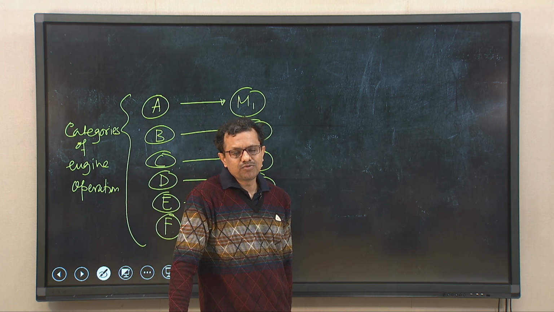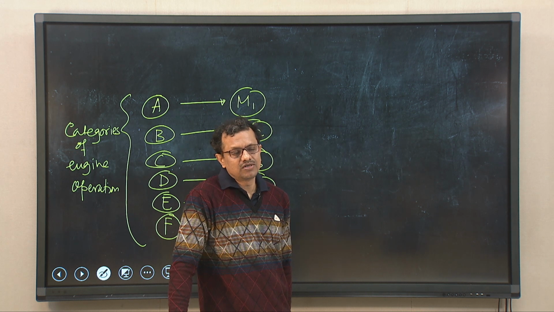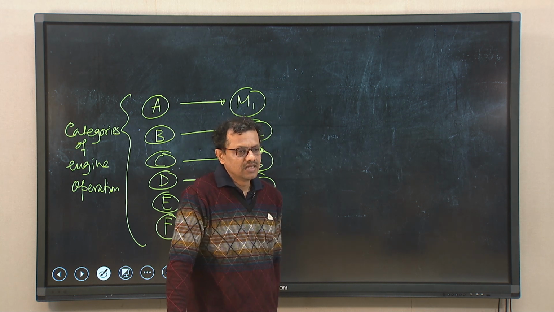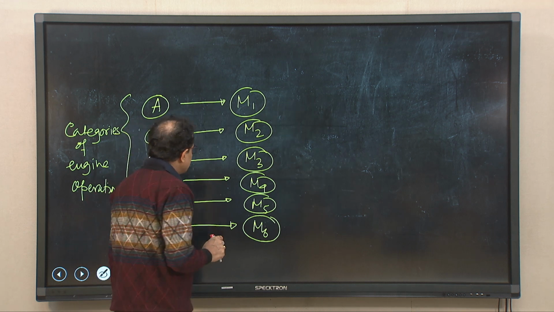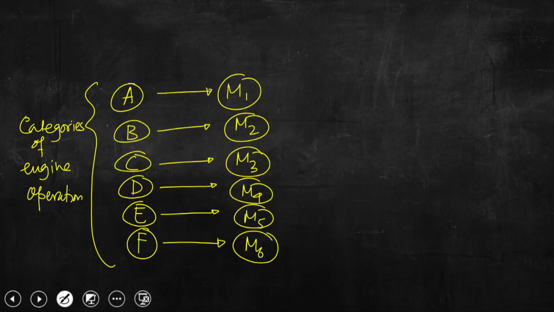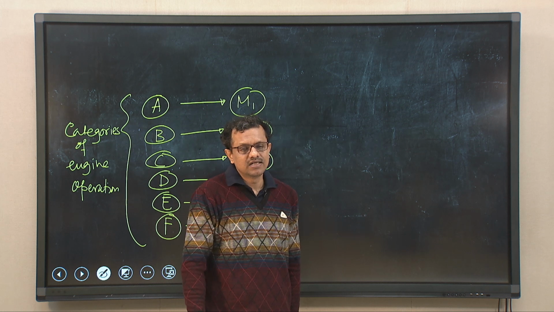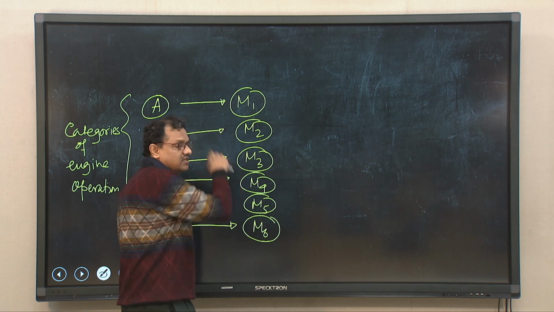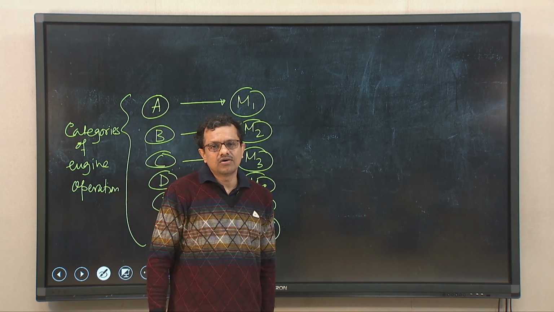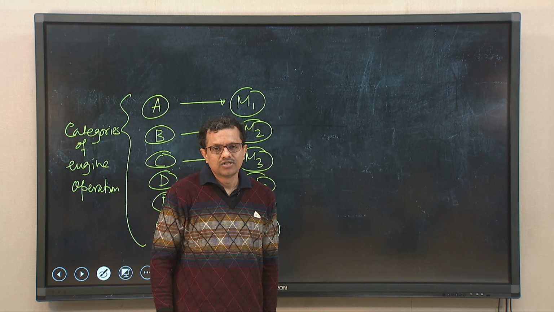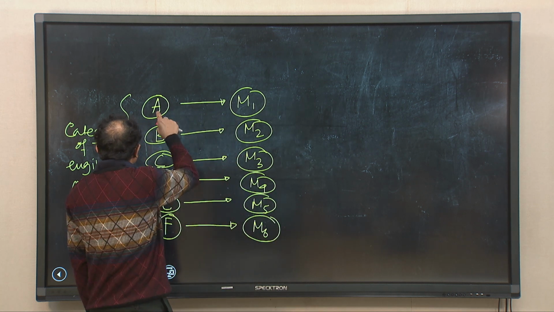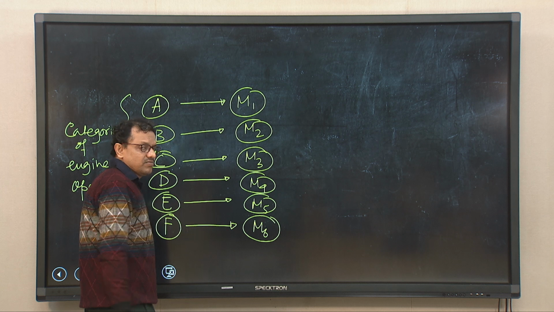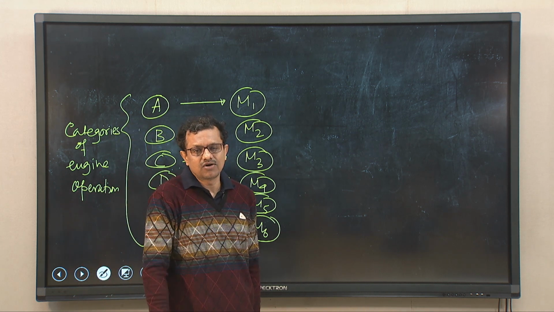Try to understand, since there are a number of distinct categories of engine operation, each of them corresponds to a distinct mode of the control system. Why is it so? Because the difference between two operations, between A and B or B and C, or among all the operations, is so large that it is not possible for any particular mode to control fuel for all the categories of operation.